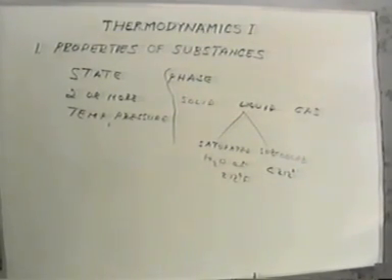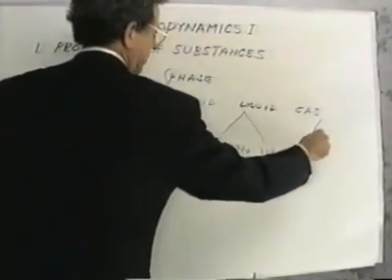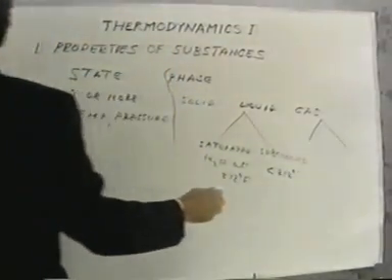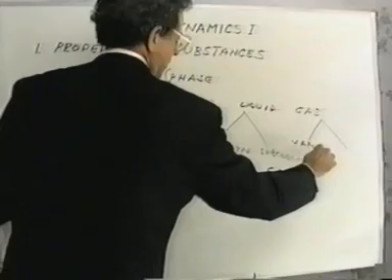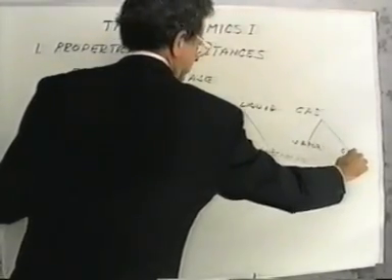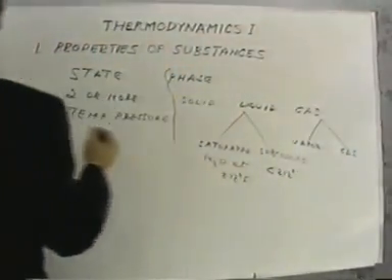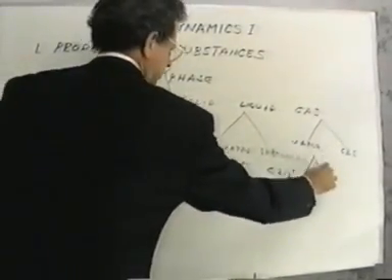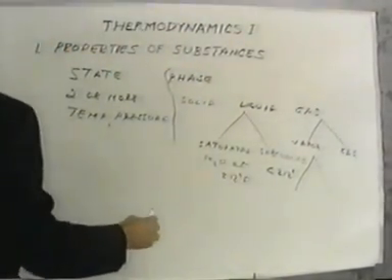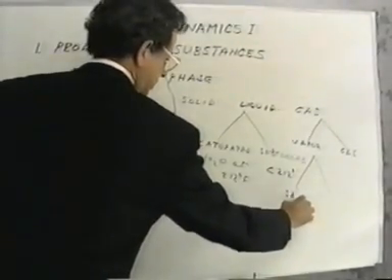Now, in the gas area, we have two different categories. We'll split these up into vapor and gas. We can have one that we just describe simply as a vapor, and over here we'll put a gas. So vapor can be broken down into two different areas. We can have a vapor that's saturated.